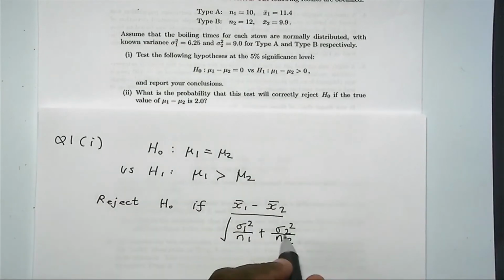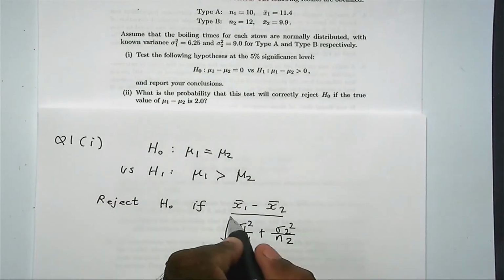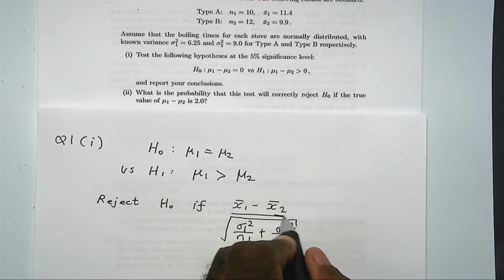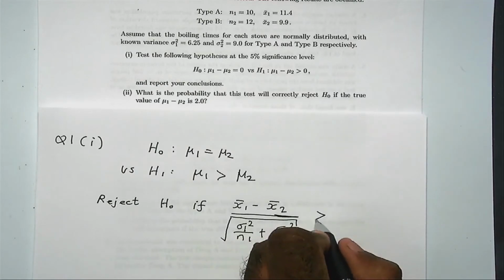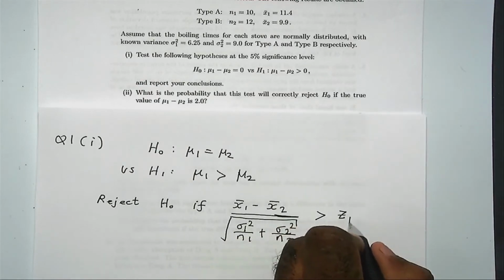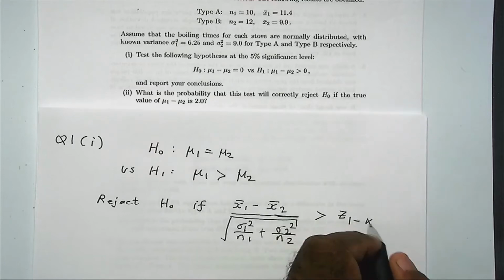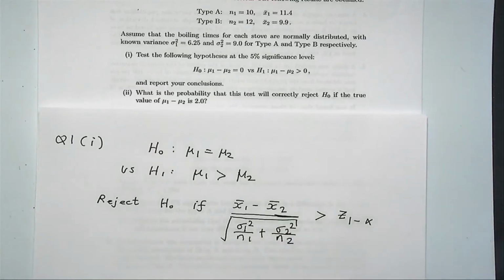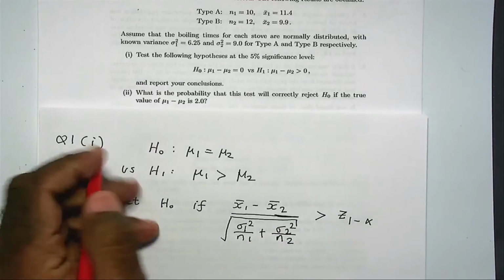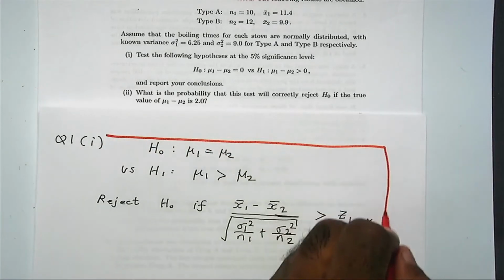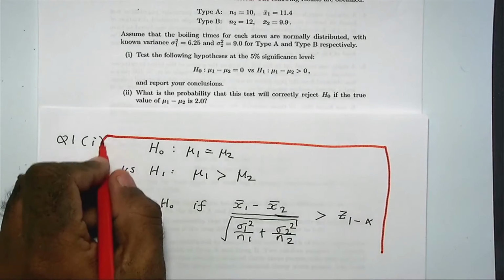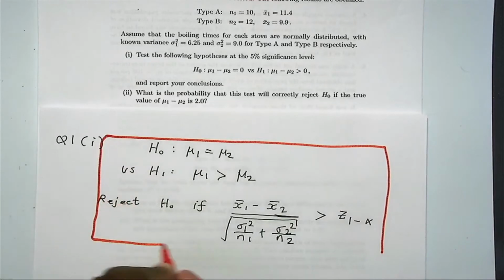Sigma 2 squared is the population variance for the second. And N1 and N2 are the sample sizes. Right, this is greater than Z 1 minus alpha. So this is the rule I gave you in the video, and it's also in the handwritten notes and in the typed notes.